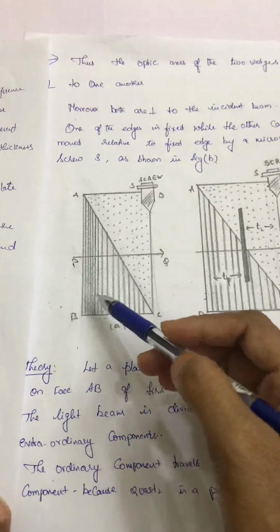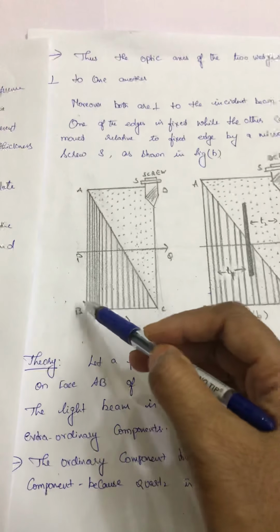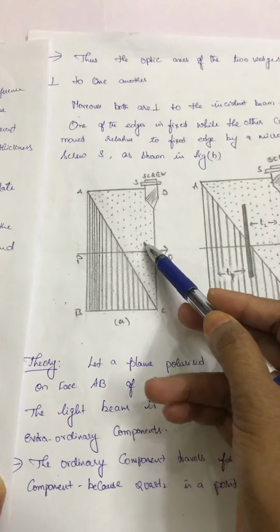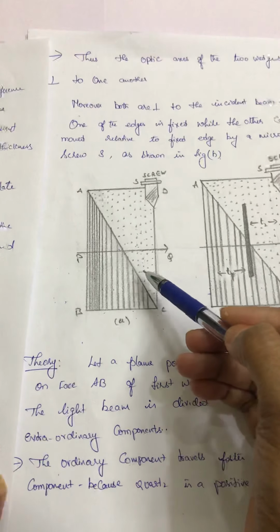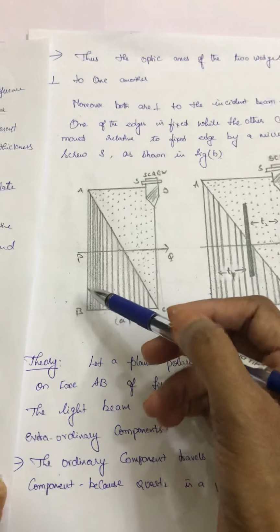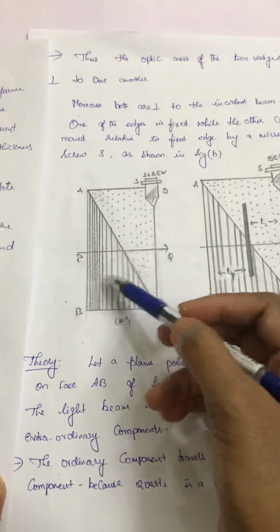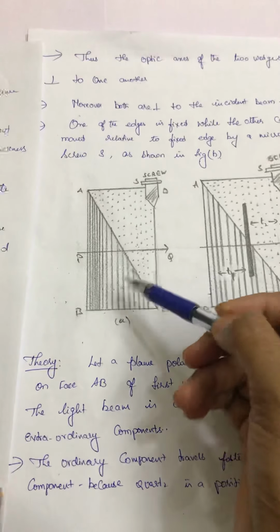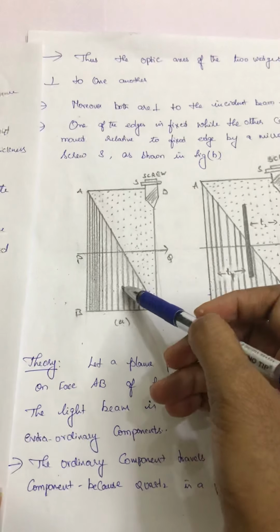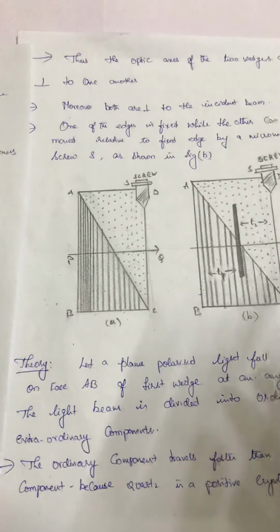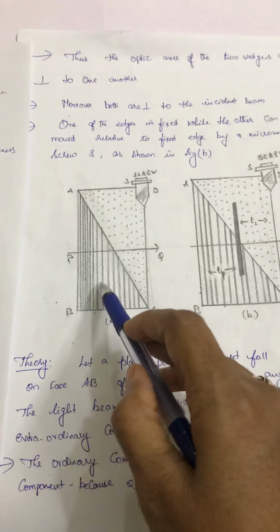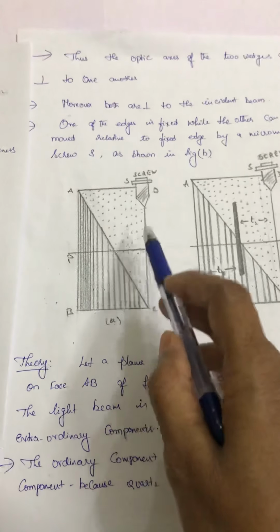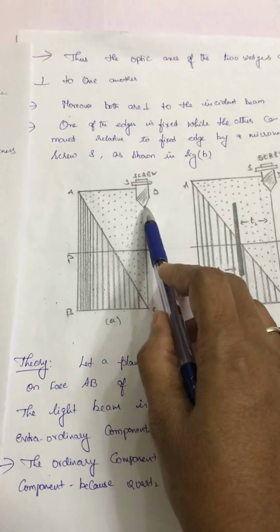The optic axis of the left wedge is parallel, while that of the right wedge is perpendicular. Means the optic axes of the two wedges are perpendicular to one another. Moreover, both are perpendicular to the incident beam. Also, one wedge is fixed and the other wedge is movable with the help of a micrometer screw.